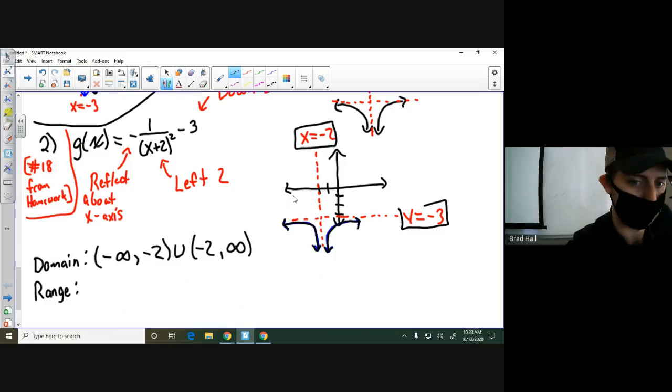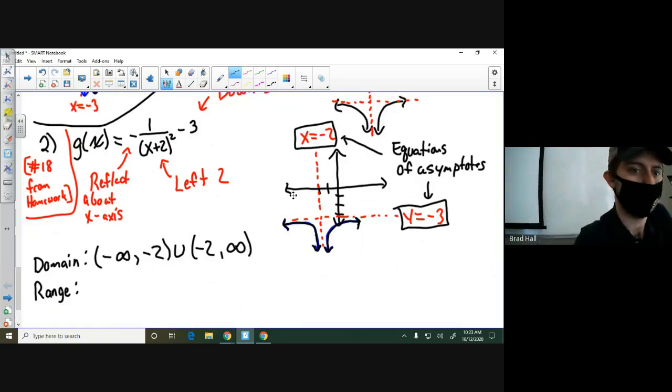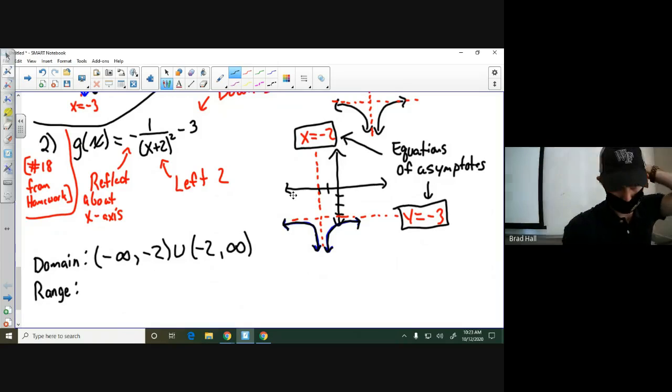So we actually already have the equations. We have them here, here. And yeah, although the problem doesn't ask for the range, I'm just going to go ahead and put it anyways.